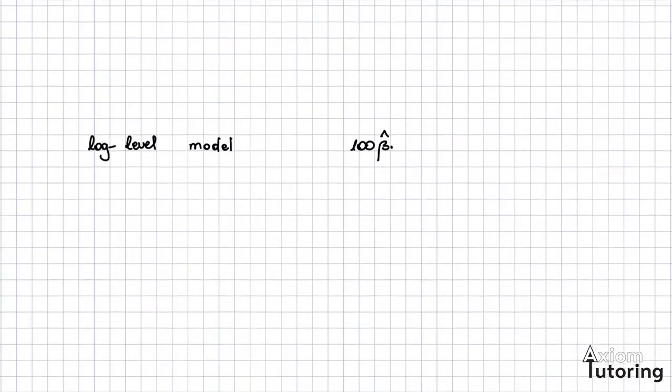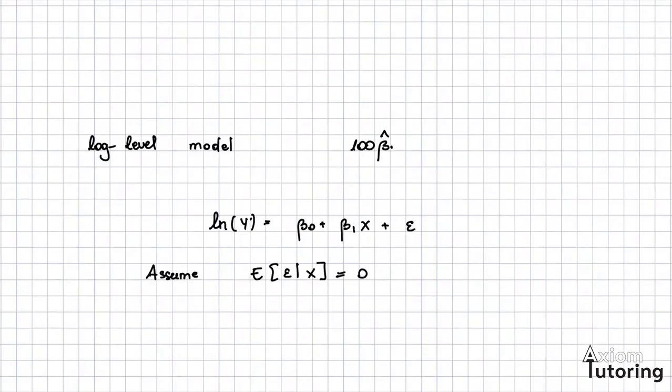So let's start with the model, which is ln y equals beta 0 plus beta 1x plus some error term. Now, what we're going to assume here is that the conditional expectation of the error term on x is equal to 0.